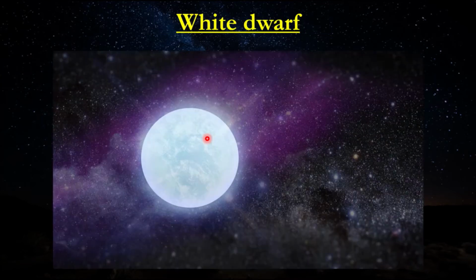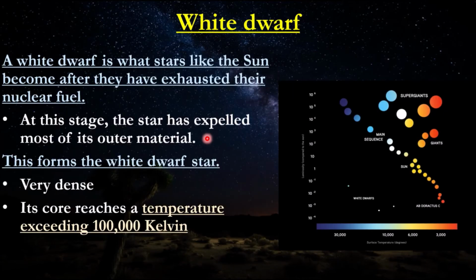After the planetary nebula, these dying stars will form a white dwarf. White dwarfs are what stars like our sun will become when they've exhausted their nuclear fuel. At this stage, the star will expel most of its outer material, forming the white dwarf that we now know.